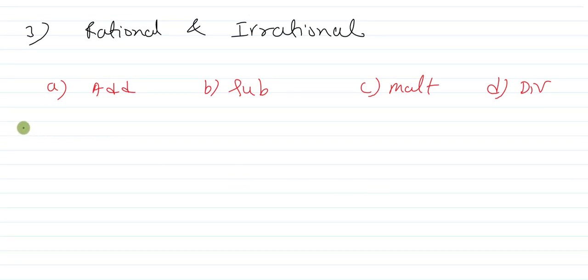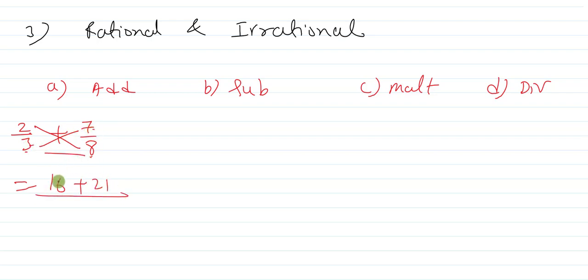For example, we can see 2 by 3 plus 7 by 8. Both these are rational numbers. So just try to add them. How to add? As the denominators are different, we are cross multiplying. 8 into 2, 16, plus 3 into 7, 21, upon the multiplication of denominators, 3 into 8, 24.